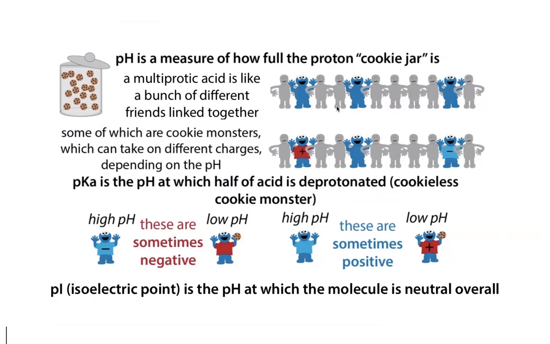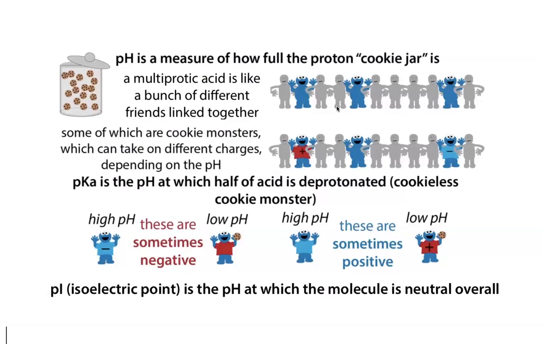They all come together and they're linked together. And when these friends are linked together, some of them are going to come with cookies and some of them are going to come hungry. And therefore, the pH of your solution is going to depend on the effects of all of these groups like before, but they're going to be on the same molecule.